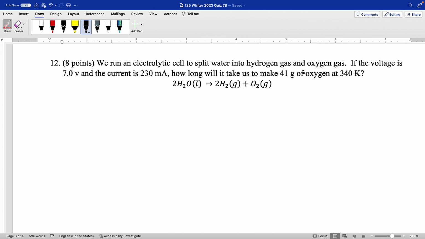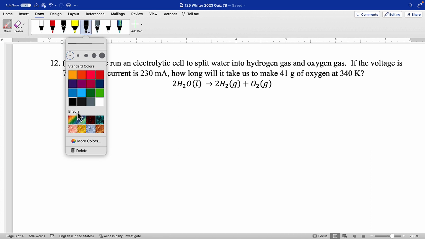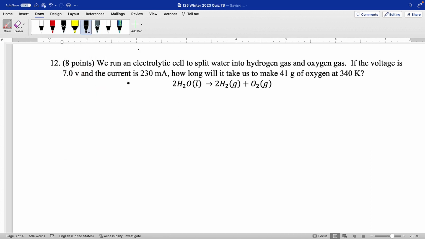Okay, so let's do a roadmap before we start. Maybe one way to approach this is to start with what we know. So we know how much oxygen we want to make. So you've got oxygen mass, and with any stoichiometry problem, you want to get moles of oxygen. And then we need moles of the other reactant. Now the reactant in this case is electrons.